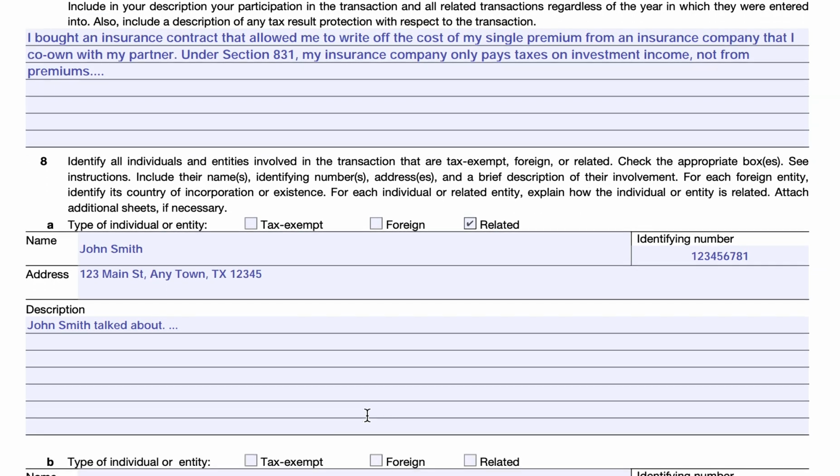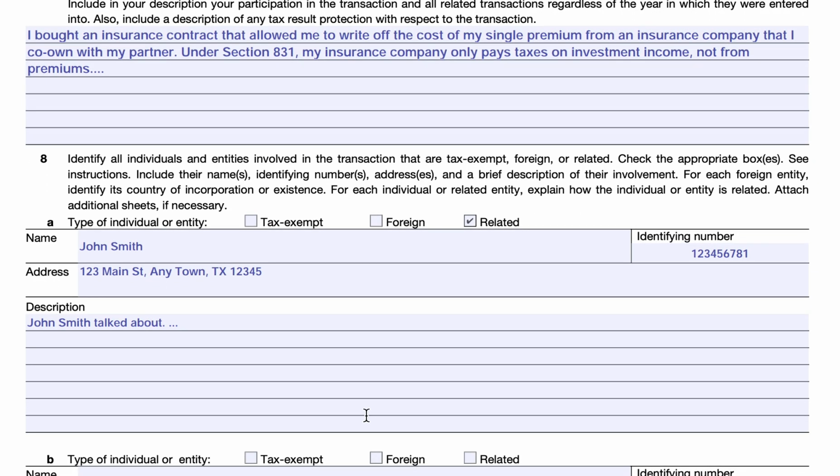In line 8, you're going to identify everyone that's involved with the transaction, if they are tax-exempt, foreign, or related parties. So in this case, John Smith is my partner. He's the person that I invested with, blah, blah, blah. So that's why they're a related party. If they weren't a related party, then I would not complete this part of the form.